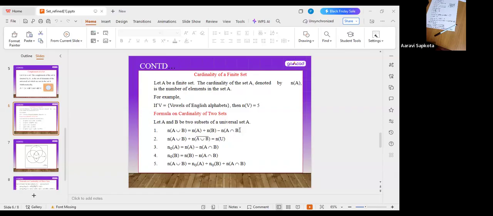And n naught A is the set of elements only in A, that is the number of elements in the set A minus the number of elements in both. Similarly, n naught B stands for n(B) minus n(A intersection B). And finally, n(A union B) is equal to n naught A plus n naught B plus n(A intersection B). We can use these formulas to calculate the problems.